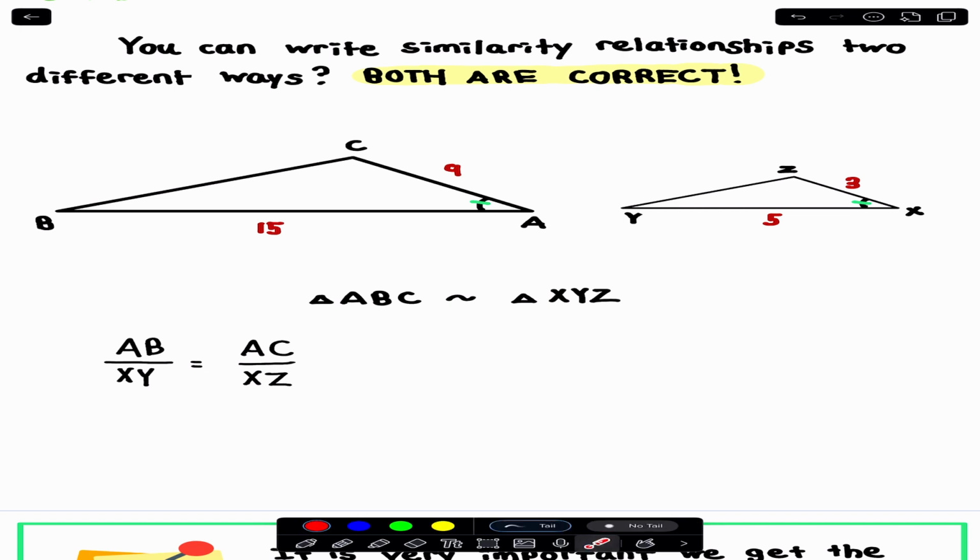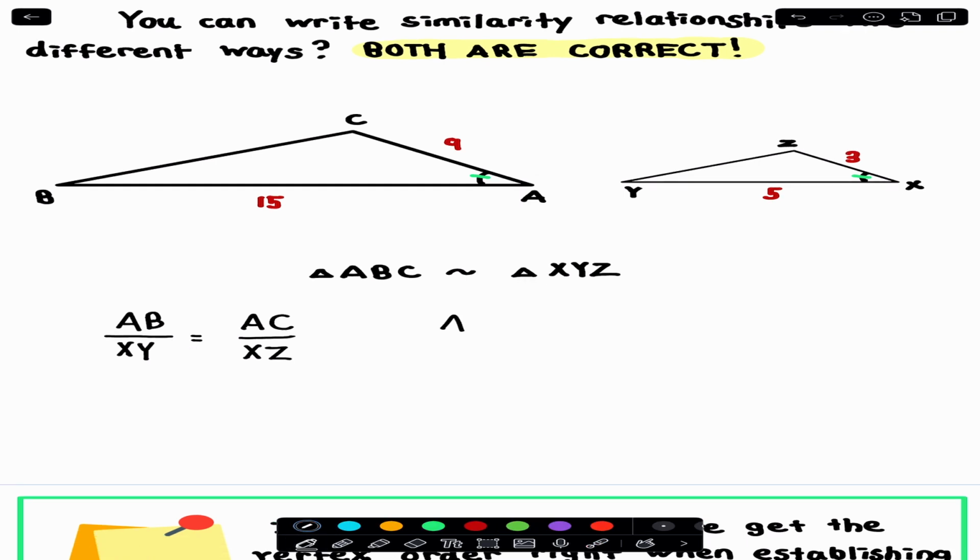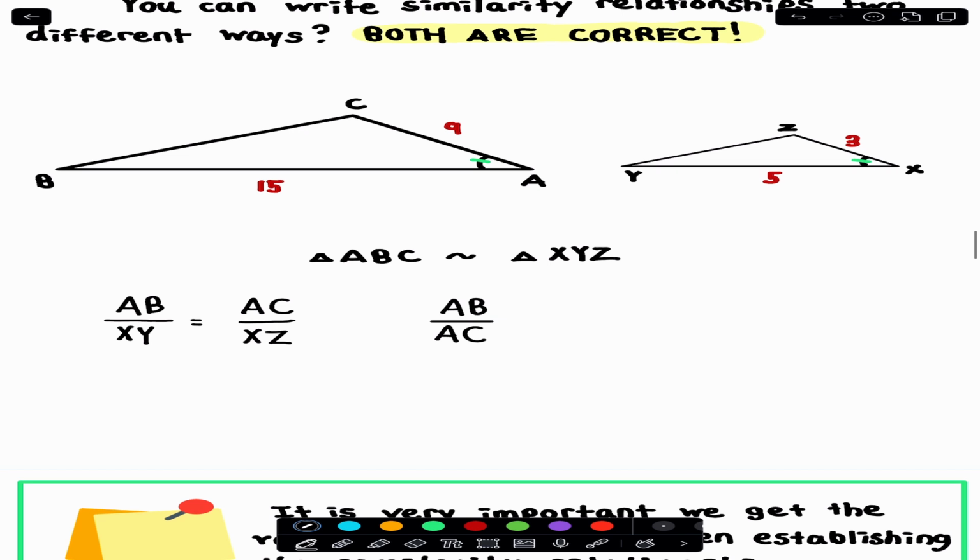Instead of going back and forth between these two triangles, let's see what happens when we take AB. Let's just look within that triangle. Let's compare it to side AC. So we take that 15 and we divide it by 9. That will give you a ratio of 5 over 3. 5 over 3, does that sound familiar?